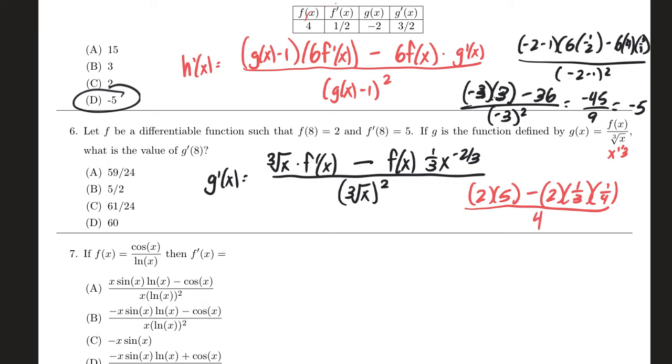A little bit more simplifying: 10 minus 2 over 12 is 1 over 6, over 4. Multiply everything by 6 to get 60 minus 1 over 24, which is 59 over 24.